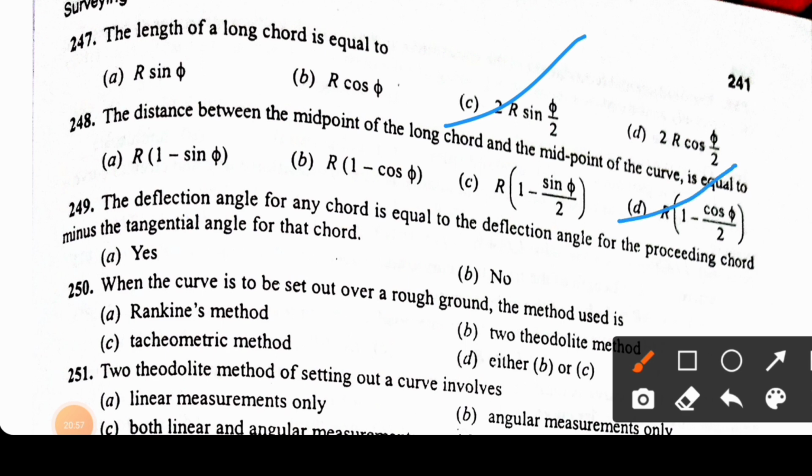The deflection angle for any chord is equal to the deflection angle for the preceding chord minus the tangential angle for that chord.